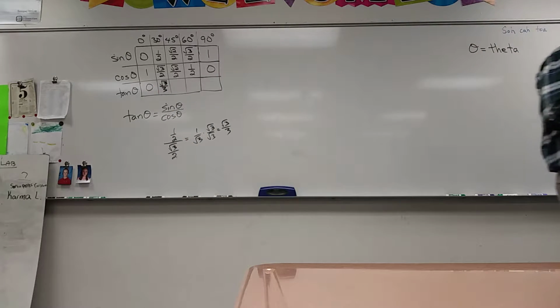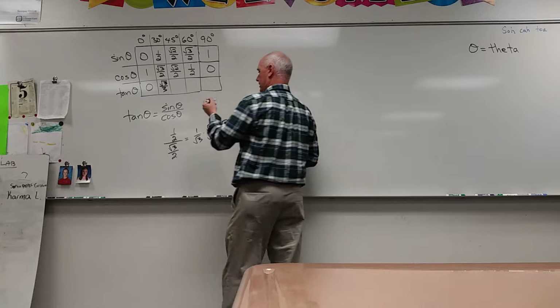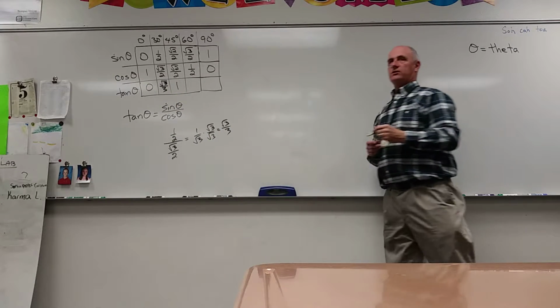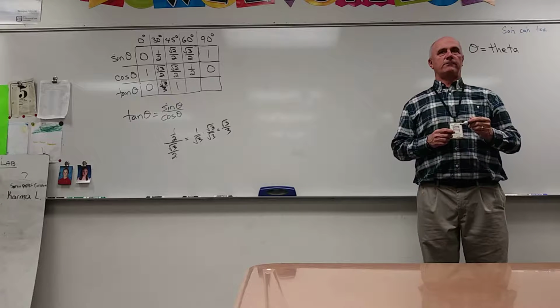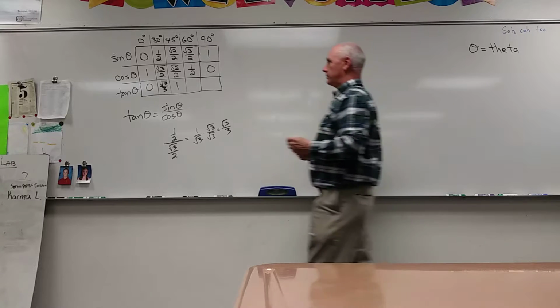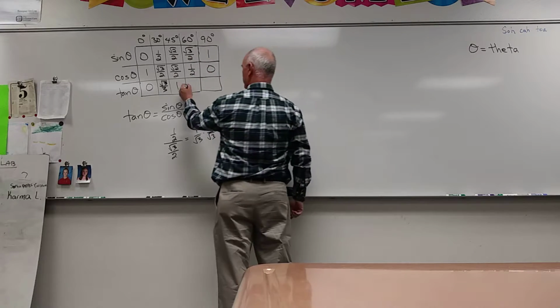What is the tangent of 45 degrees? 1, because it's something over itself, which gives us 1. The tangent of 60 degrees is not as difficult as the tangent of 30, because if we zap the denominators, all we have is square root of 3 over 1, which is simply square root of 3.